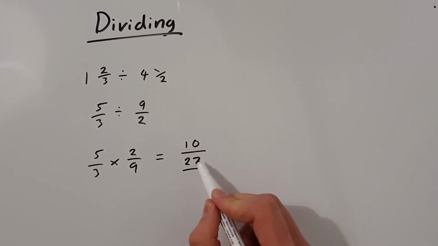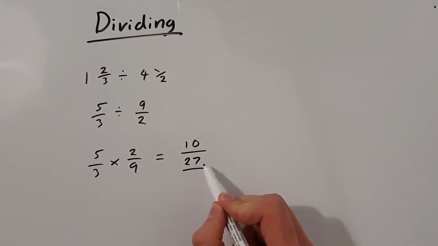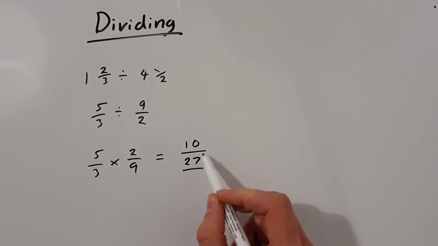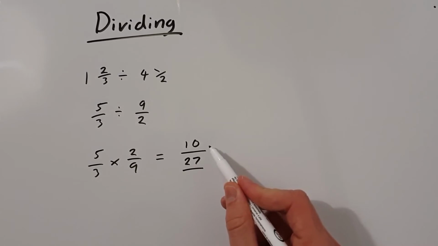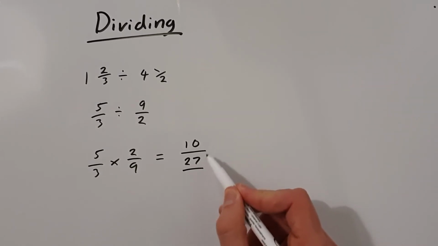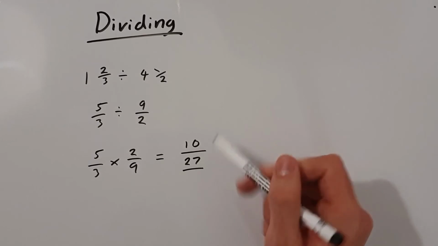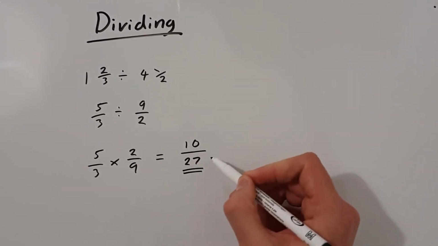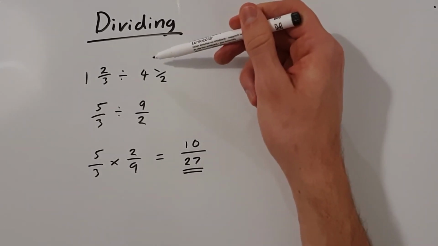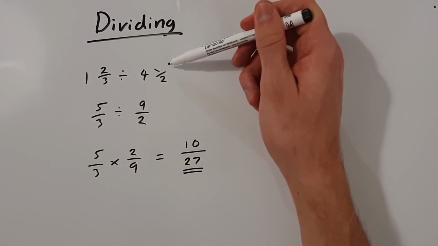And there we go. We'll look at this and think, can we cancel this down? I can't find any common factors that go into 10 and 27, so I think this is it. It can't be cancelled down. So that's our final answer. So 10 over 27 is the answer to 1 2/3 divided by 4 1/2.